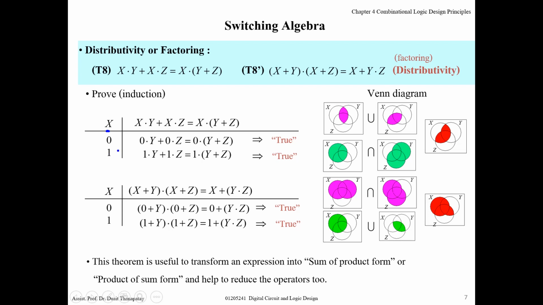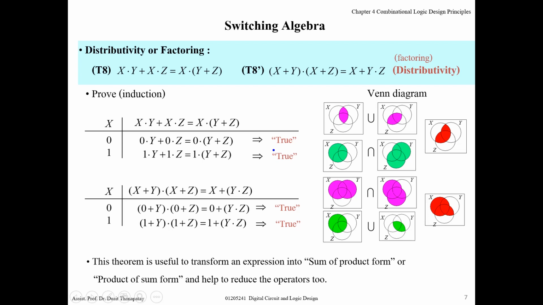For example, if I substitute x with 0, then it becomes 0 and y, 0 and z, 0 or y plus z. So 0 plus 0 is 0. It's true, right? And when x is 1, then this statement becomes y plus z equal to y plus z. Then true. So that's all, because it covers all possible cases.